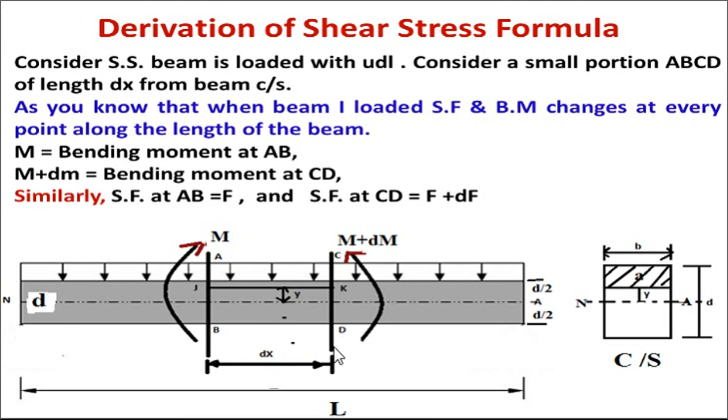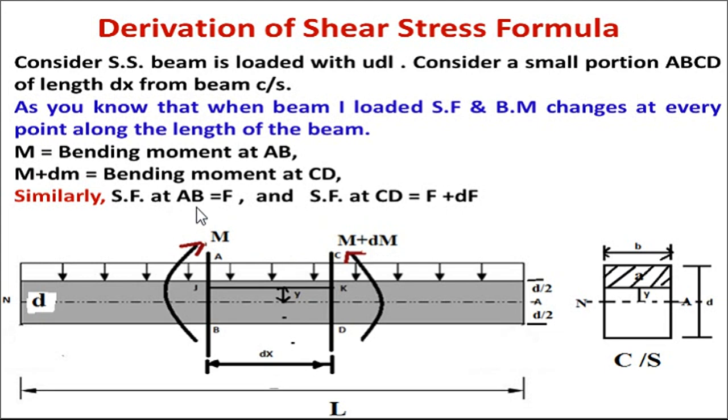So whenever we take moment about CD, that moment will include an addition of dM, because bending moment and shear force change at every point; it will never be the same. Over the distance dx it will change by a magnitude of dM, meaning the bending moment at AB is M and the bending moment at CD is M plus dM.